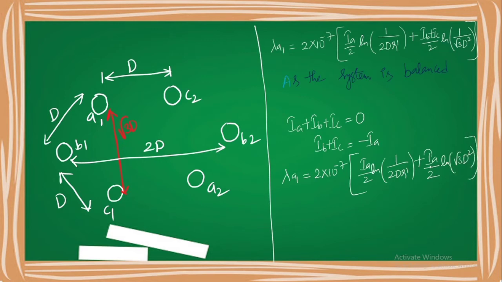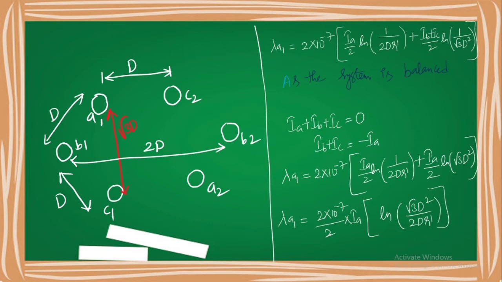Now by taking IA by 2 as common in both the terms, lambda A1 is equal to 2 times 10 power minus 7 by 2 into IA by 2 that I have taken common, and it is like ln of A plus ln of B, so ln of AB. Now it will become ln of root 3 d square divided by 2d r dash, right?